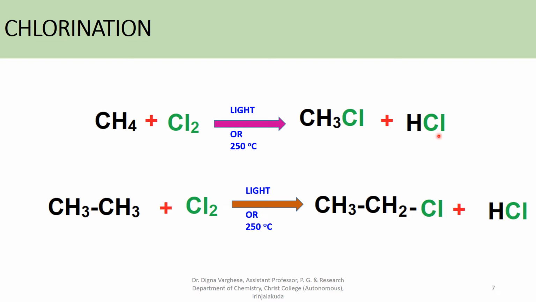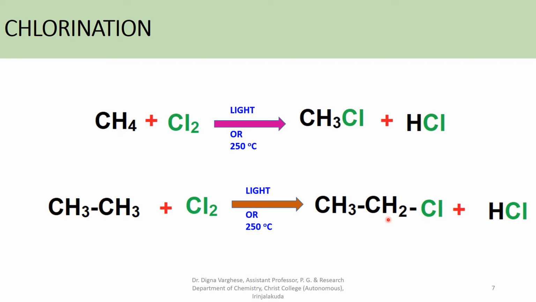The extent of chlorination depends upon the amount of chlorine used and also upon the individual alkane molecule. Here you can see one chlorine replaces one hydrogen atom, so it forms methyl chloride. In the case of ethane, only one chlorine atom replaces one hydrogen atom, forming ethyl chloride or chloroethane.